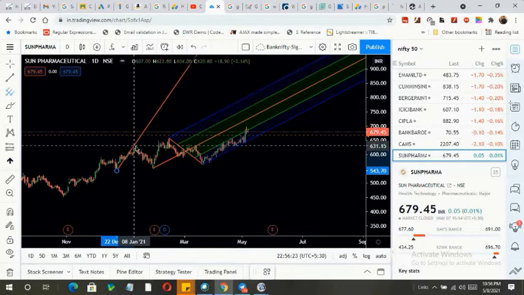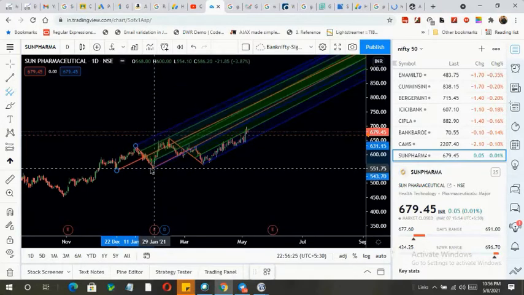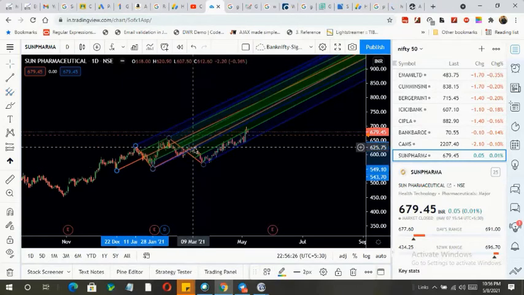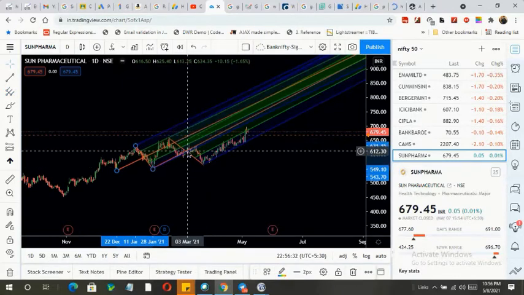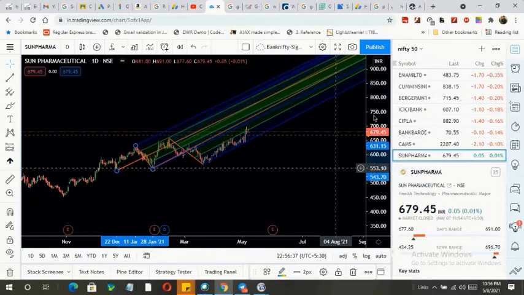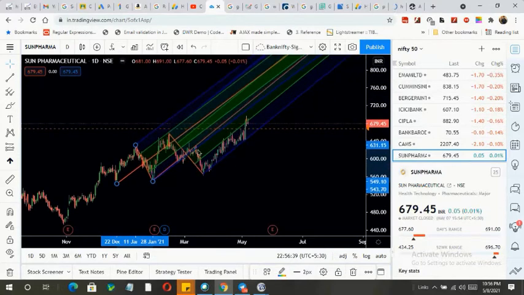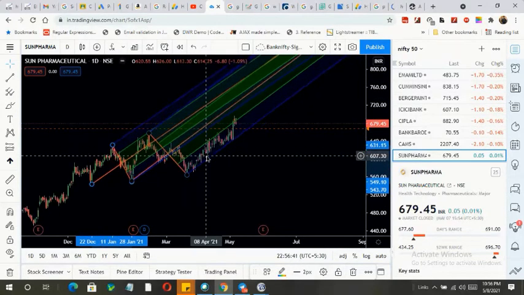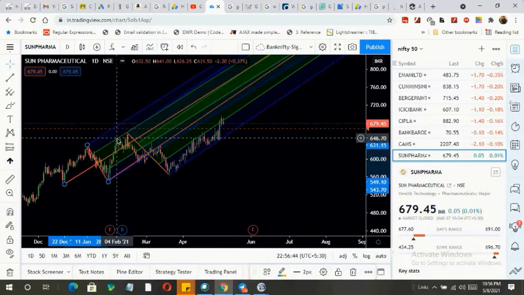another click here, another click here, you will identify that exactly this is the resistance area, correct? And in that resistance area it struggled to make a new high, and it came down. This was the previous resistance area.